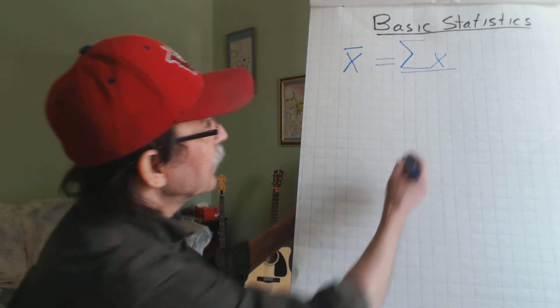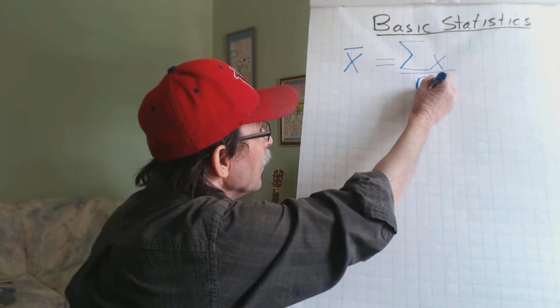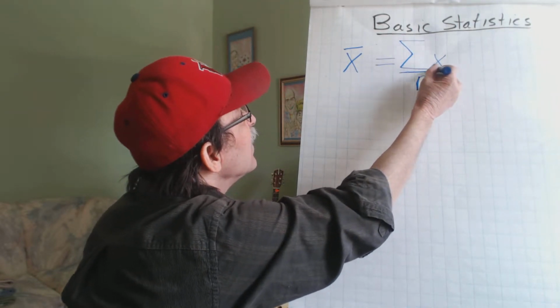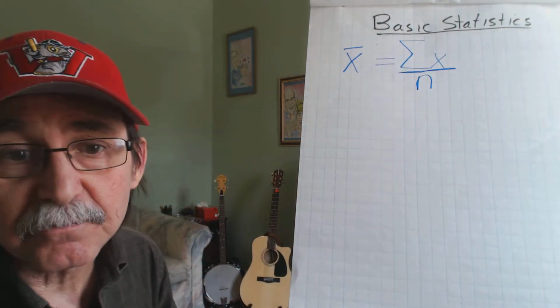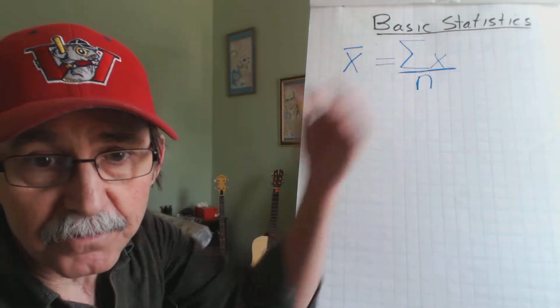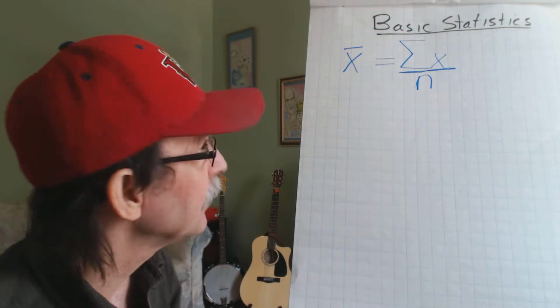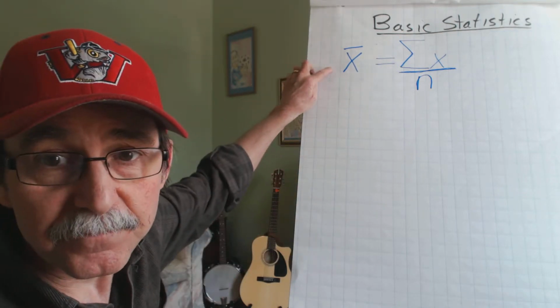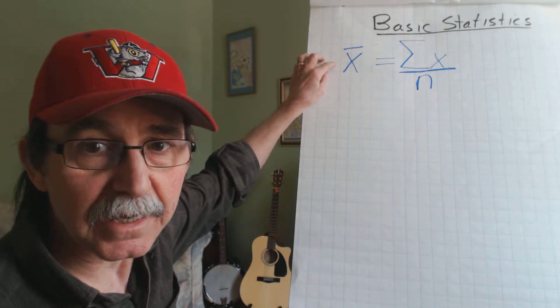Then, after that, we divide it by n. So this fraction bar does what any other fraction bar does. It takes the top and divides it by the bottom. So this is a recipe, and we're going to use this recipe today.